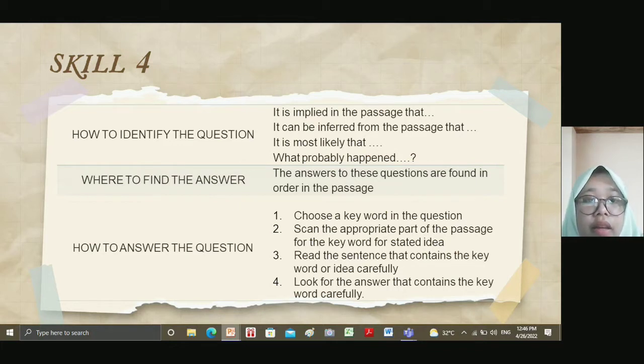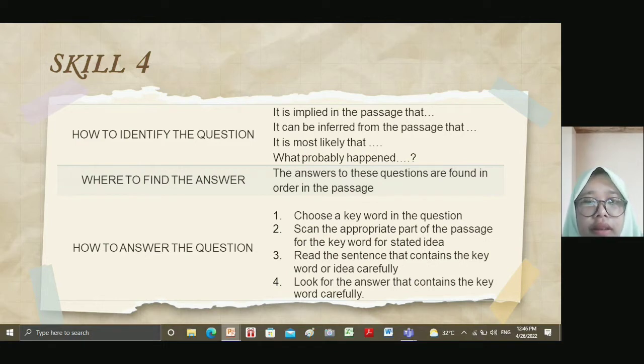The questions are identified as follows: It is implied in the passage that... It can be inferred from the passage that... It is most likely that... And last, what probably happened.